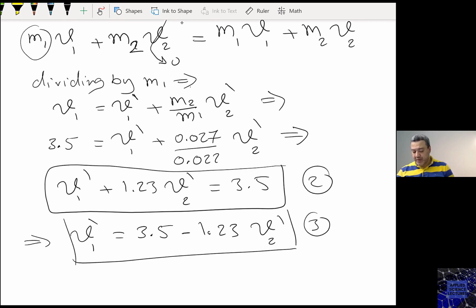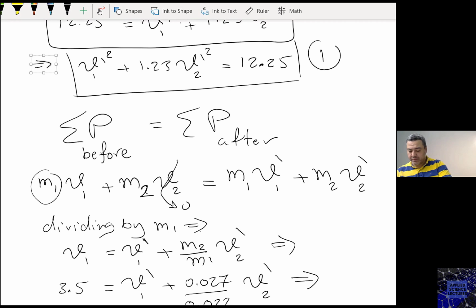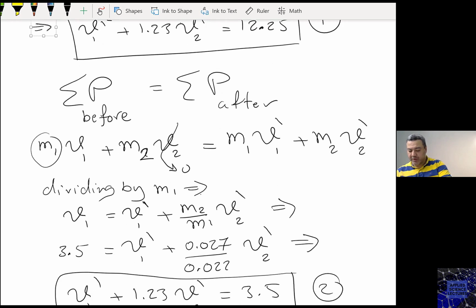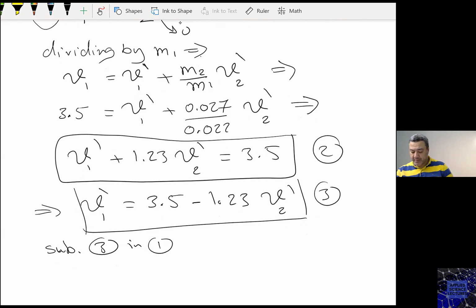So this one is 3. Now substitute 3 into 1. If I substitute 3 into 1, what do I get?